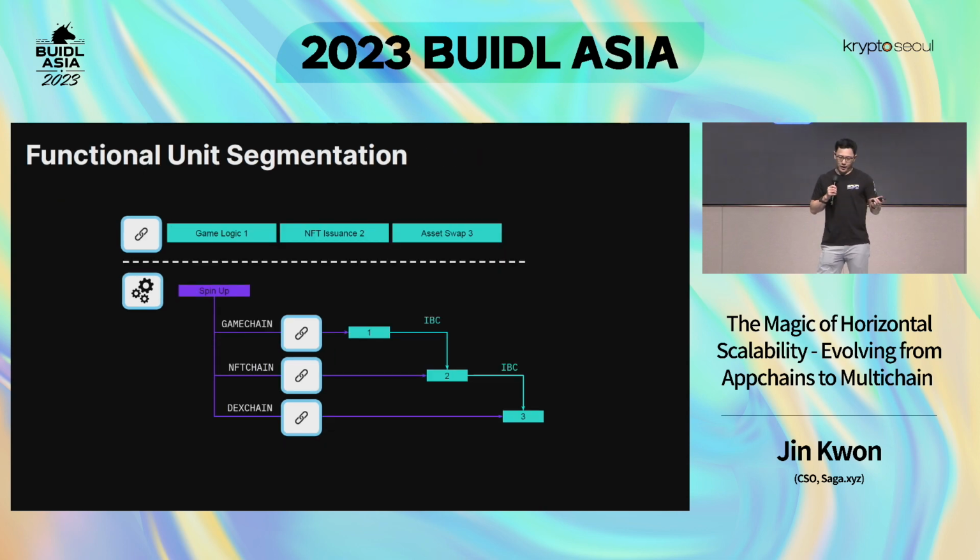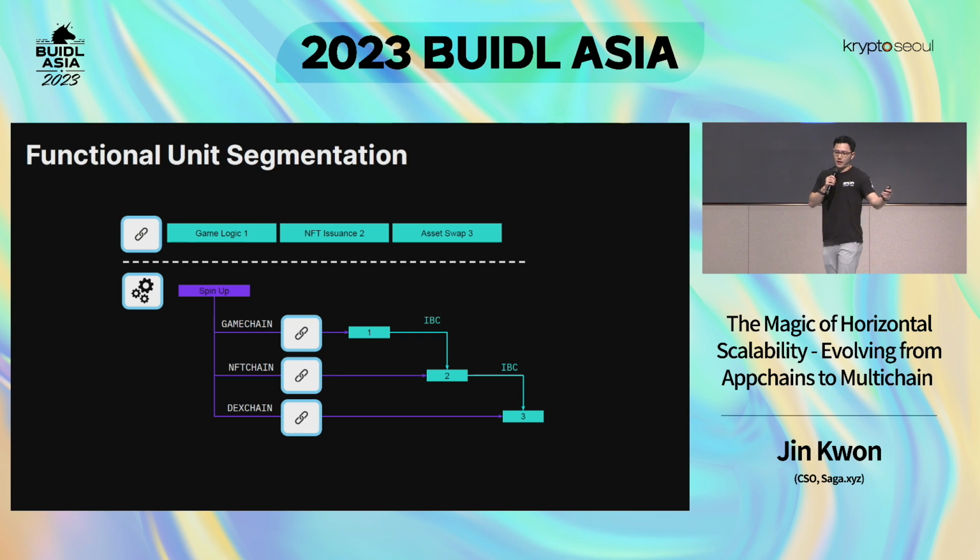There's other ways you can split up, and this is going to be one of the last ways I talk about. You can do functional unit segmentation, so you can have, let's say, a game chain that has all your game state. Then you have an NFT chain that does the NFT minting. And then maybe you have a DEX chain that allows people to swap items that you generate from those other chains.